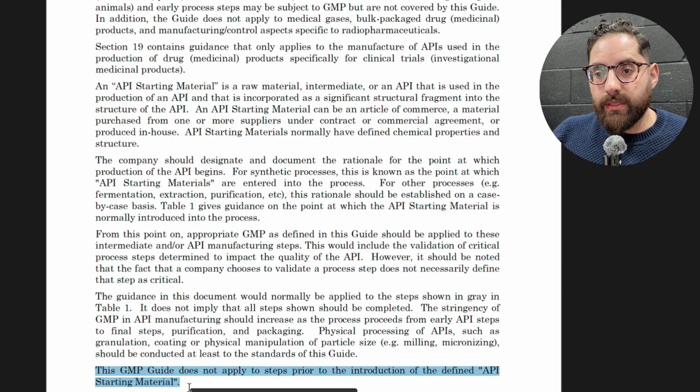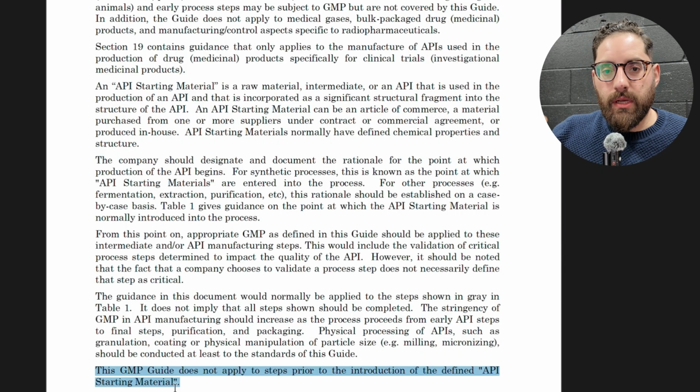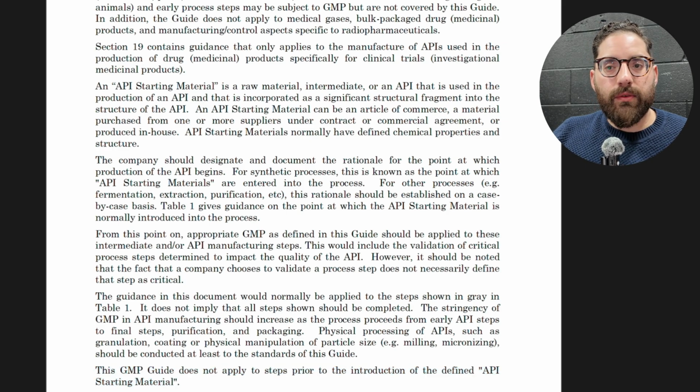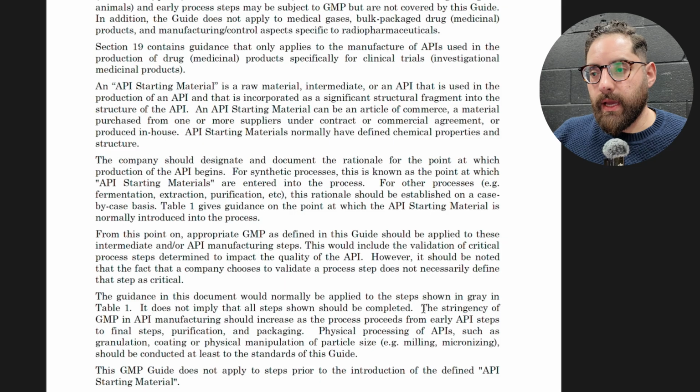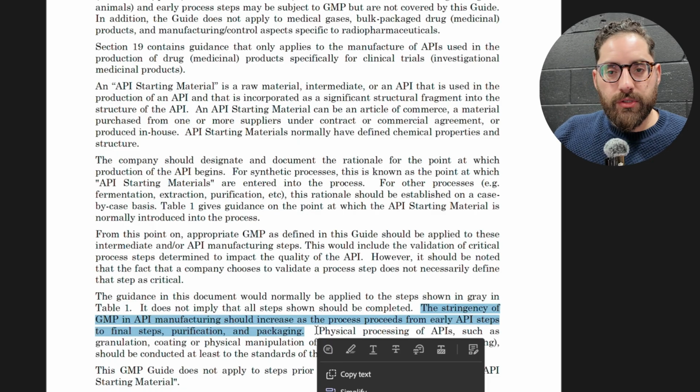Another thing that is important to highlight is that ICH Q7 doesn't apply to the steps prior to the introduction of the defined starting material into the API manufacturing process. The stringency of the GMP in API manufacturing should increase as the process proceeds from the early API steps to the final manufacturing steps, purification and packaging.